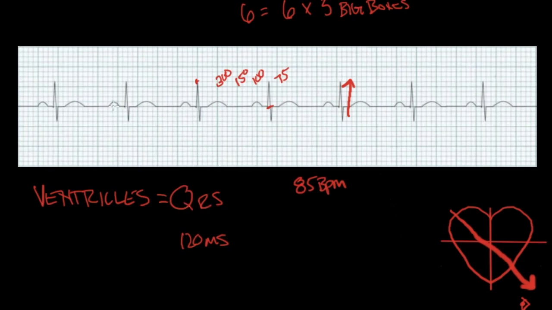So taking it all together, we have positive P waves that have a shape consistent with an SA node firing, happening at a regular rate, going through the AV node with a normal delay, and we're having our P waves happen before our QRSs, and we have a ventricle firing at a normal rate that is also heading down the normal conduction pathway, or we would call this normal sinus.